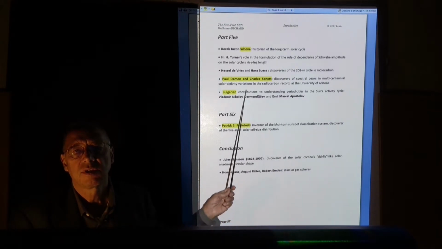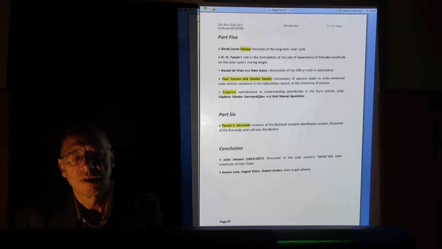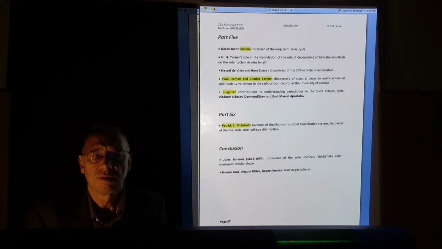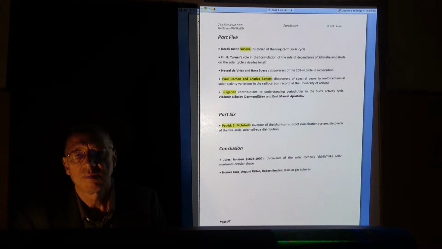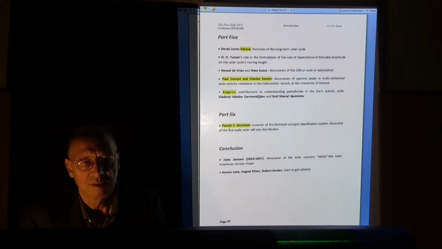Paul Damon and Charles Sonett are indirectly historians of the solar cycle in the long run, because they found the methodologies to interpret the radiocarbon record, which allows us to reconstruct solar activity in the very distant past, at the millennial scale at the least.